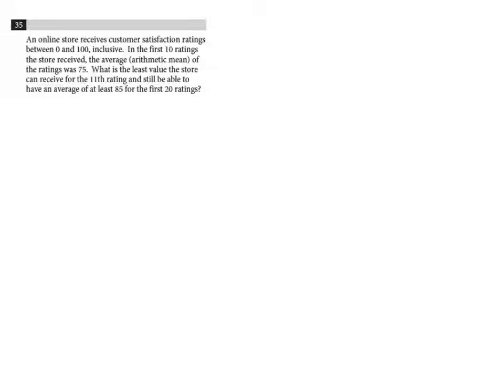Well, the average 75 is equal to the sum of the first 10 divided by 10. So the sum of the first 10 must be 700. So we know that's the total of the ratings from the first 10 customers.